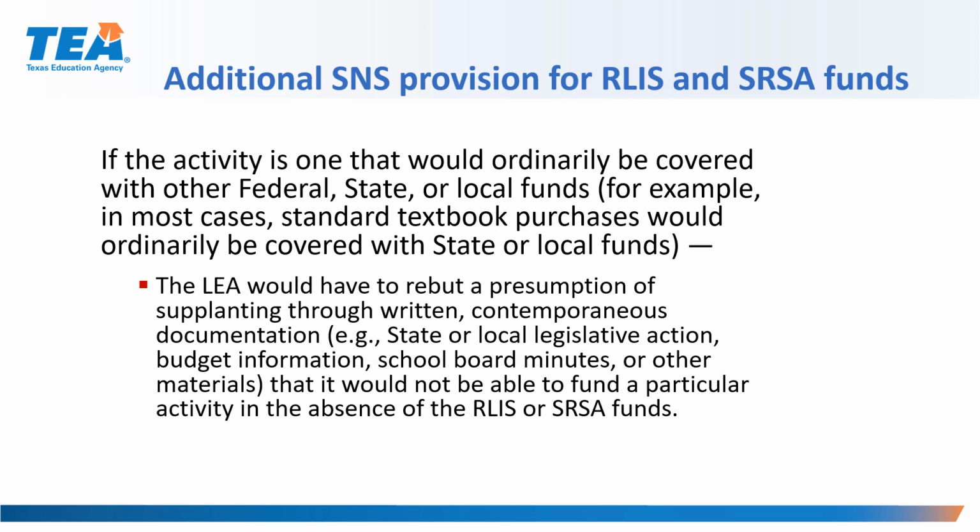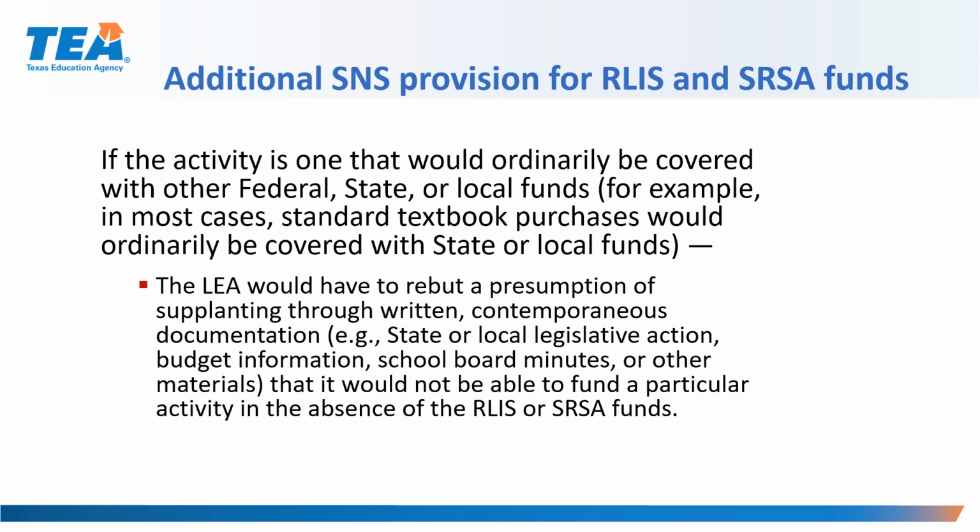There is an additional Supplement Not Supplant provision for the rural and low-income schools and the small rural school achievement funds. If the activity is one that would ordinarily be covered with other federal, state, or local funds, for example, in most cases, the standard textbook purchases would ordinarily be covered with state or local funds.